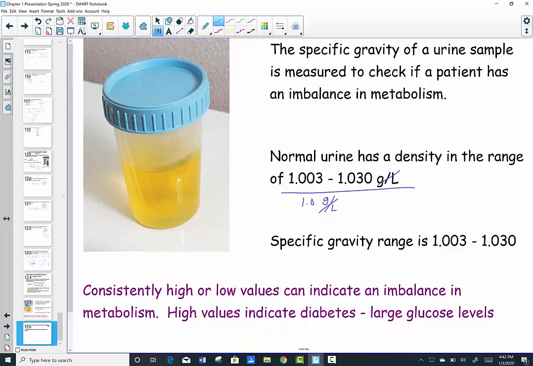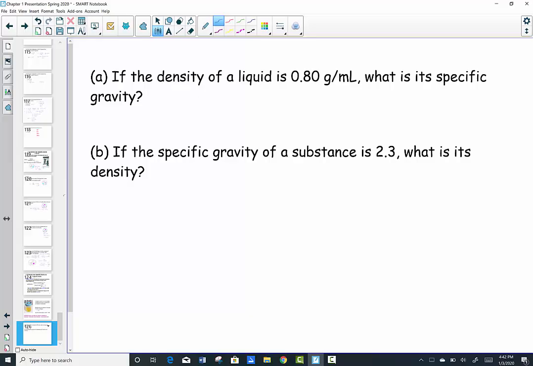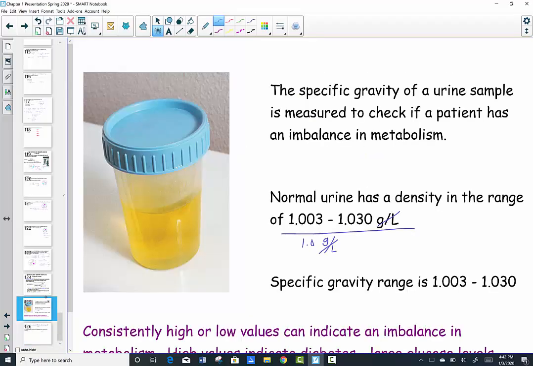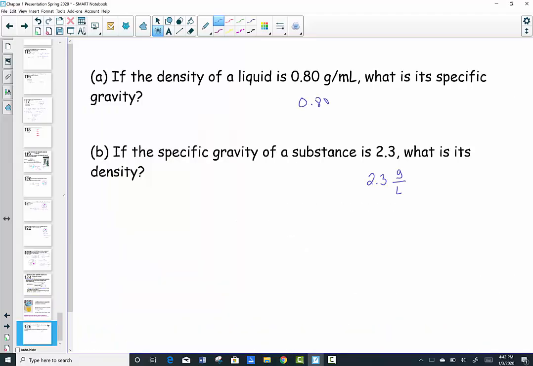So our last slide. If the density of a liquid is 0.80 grams per mil, what is its specific gravity? Well, the specific gravity is a unitless number. It is 0.80. That's it. And if the specific gravity of a substance is given as 2.3, what's its density? Well, it's 2.3 grams per mil, the density unit. Now remember, it doesn't matter what unit you put on there.